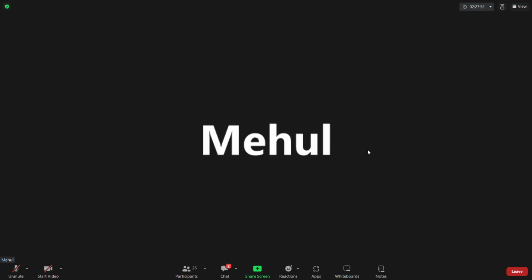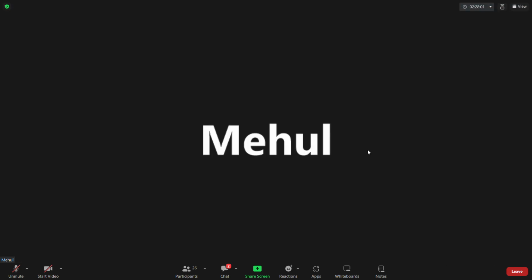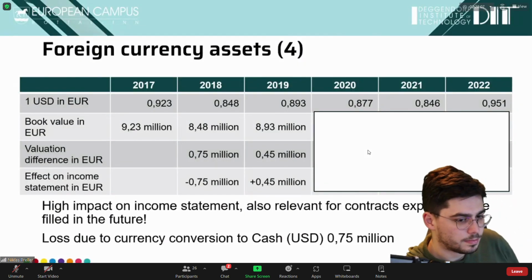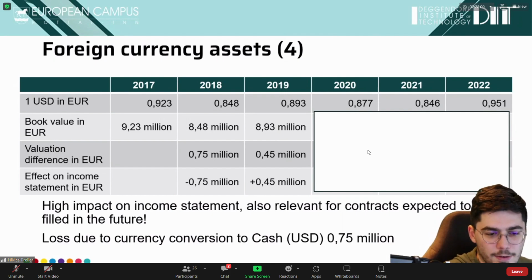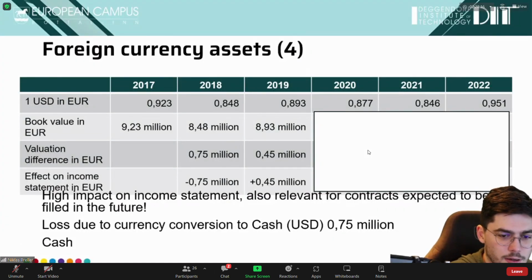So now in 2019, the book value is going to be 8.93 million. Yes. Euros, and the valuation difference should be 450,000, so 0.45 million. Yes. And that is a plus now. So we have, compared to the last year, yes. So we have here then the accounting entry, cash USD.